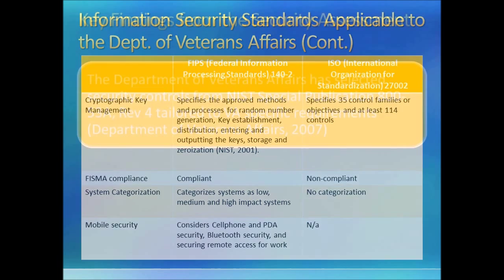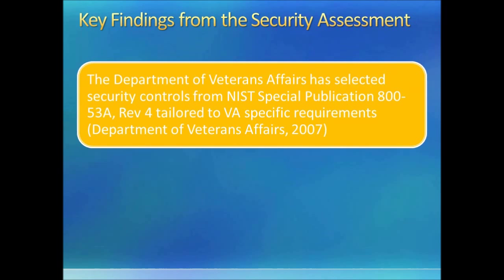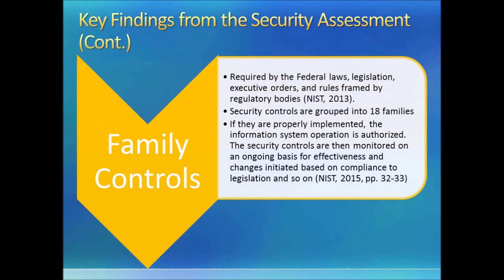Also, the point is that they don't allow cell phones or PDAs. And this is just an example of the NIST publication that the VA uses, which we've studied in class. It's NIST publication 800-53A, revision 4, excuse me.